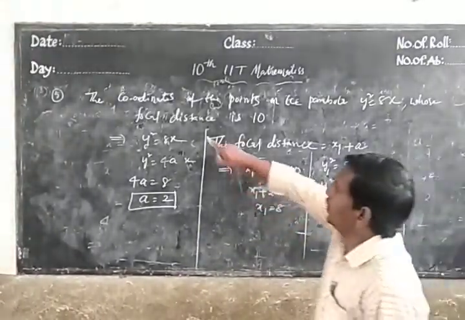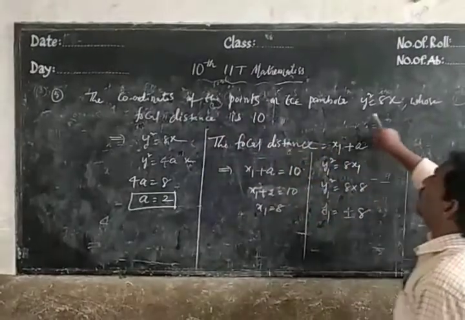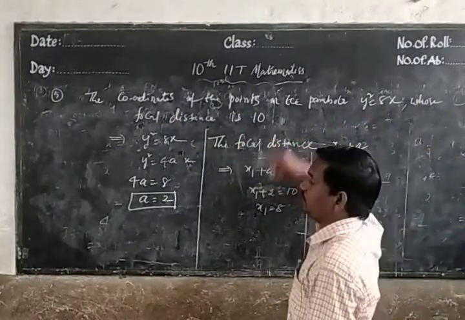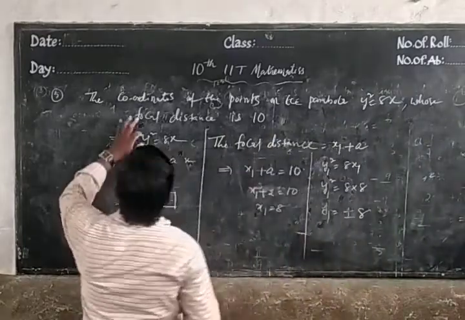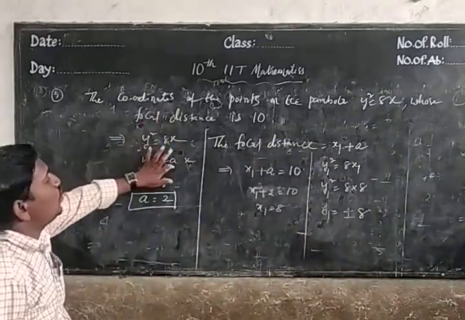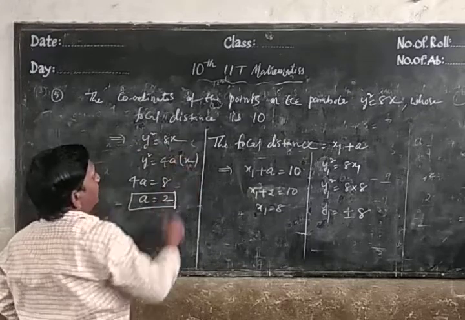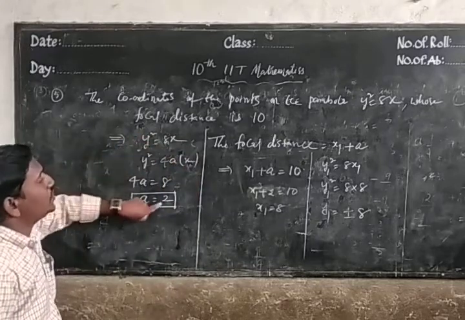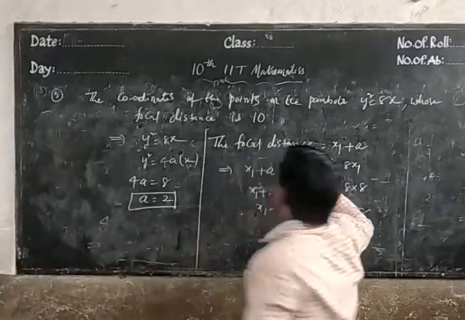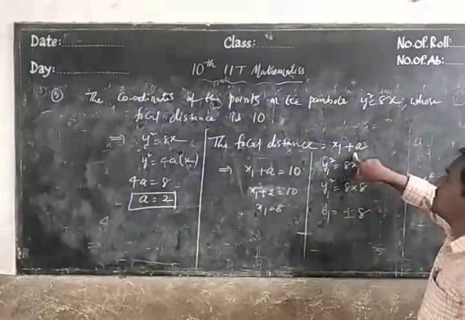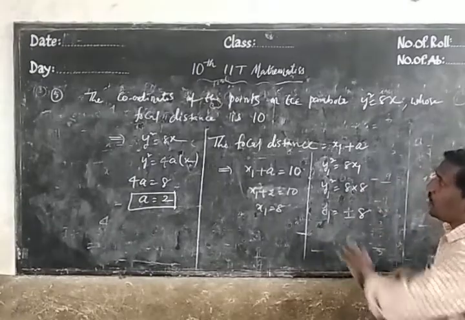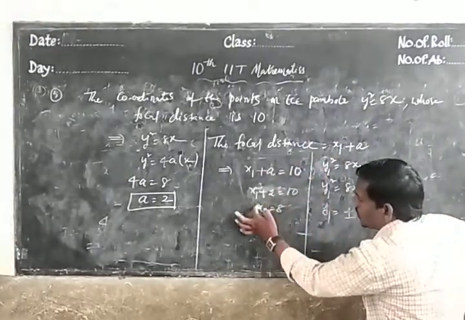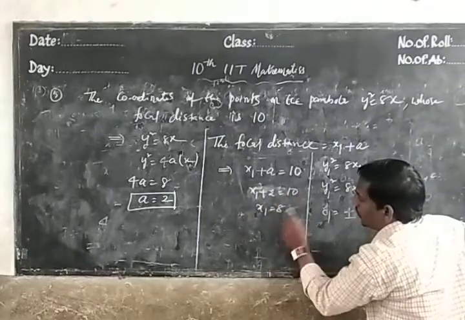The coordinates of the points on the parabola y square is equal to 8x, whose focal distance is 10. Take the parabola y square is equal to 8x, y square is equal to 4a into x. That means in the place of 4a, which one is there? 8. So a equal to 2. The focal distance equal to x1 plus a. What is given in the problem? 10. x1 plus a equal to 10, so x1 equal to 10 minus 2, which is 8.